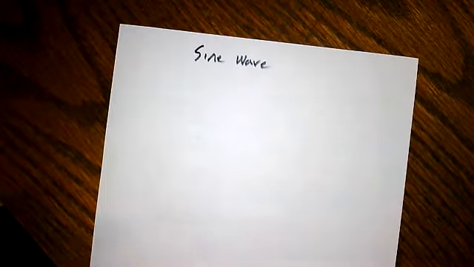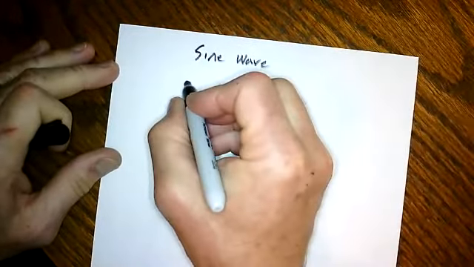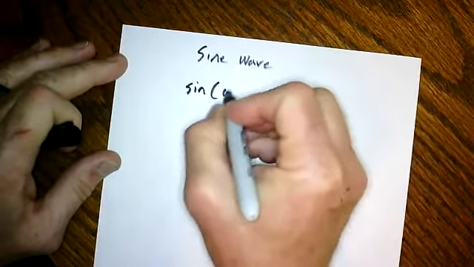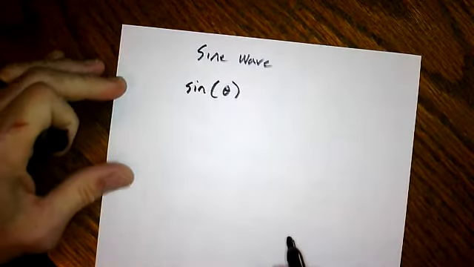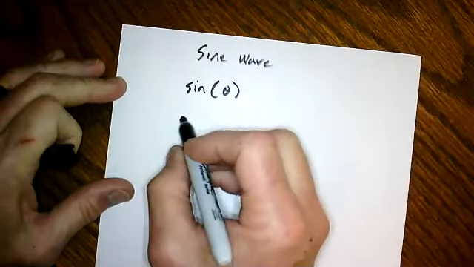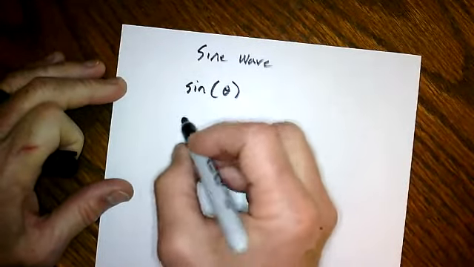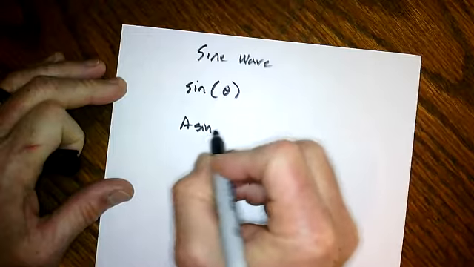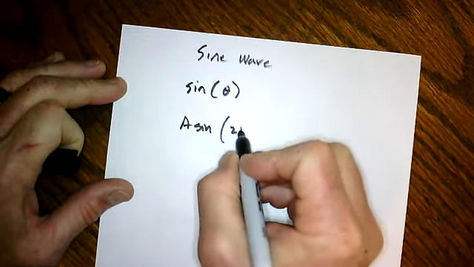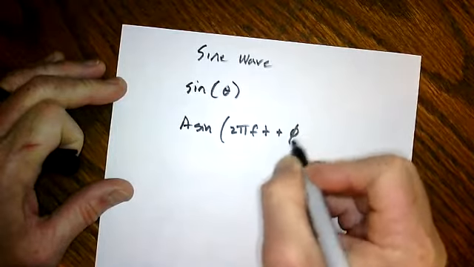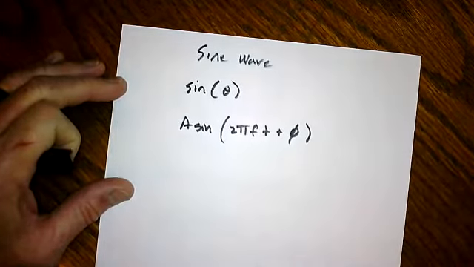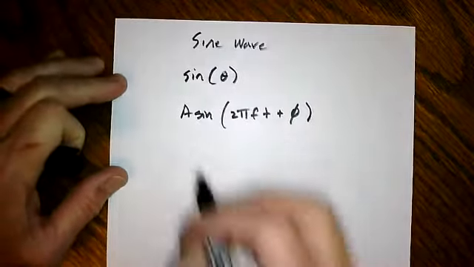Your sine wave has the general equation, like if you put in your calculator, you'd probably put in sine of theta and you get some number out. And that's helpful, but that's a single data point. What we're going to use is the more general form of the equation, A sine(2 pi f t plus phi). Or you can use A sine(omega t plus phi), depending on how you want to do it.